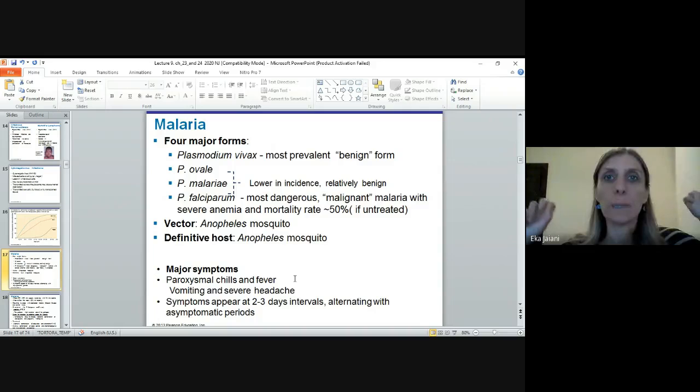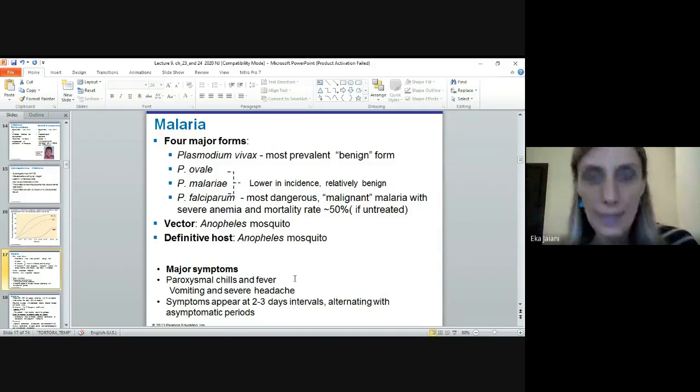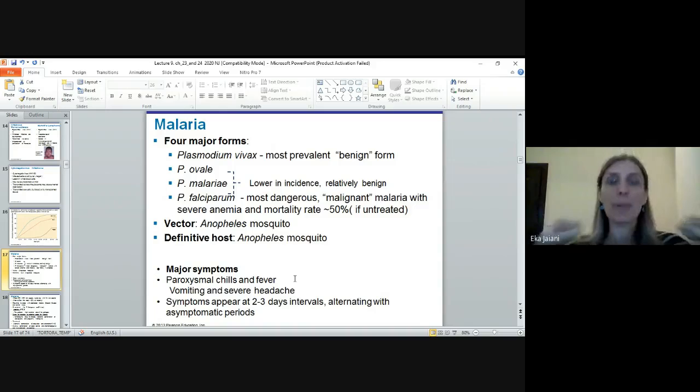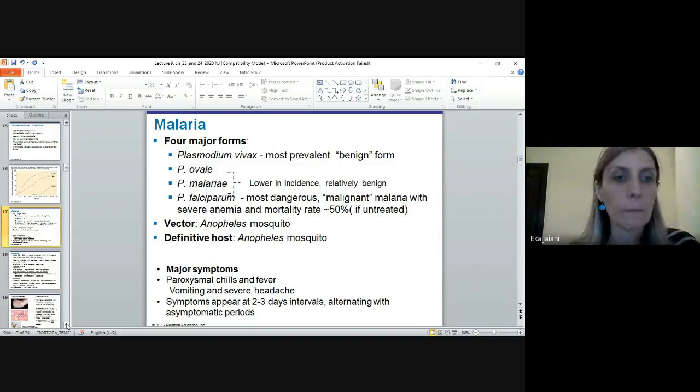Then there is a relief phase. Then again these parasites infect erythrocytes, then rupture, and it leads to fever. And we have vomiting, also headache, and there can be jaundice and hepatomegaly due to involvement of the liver.